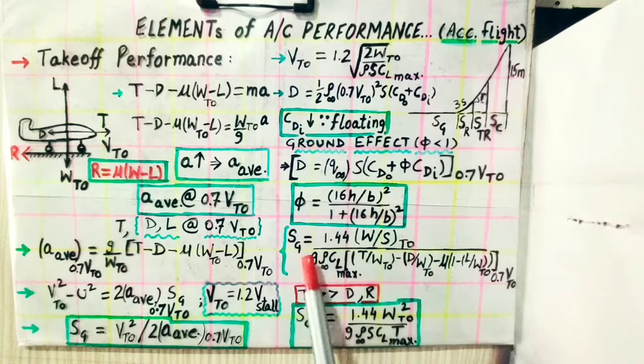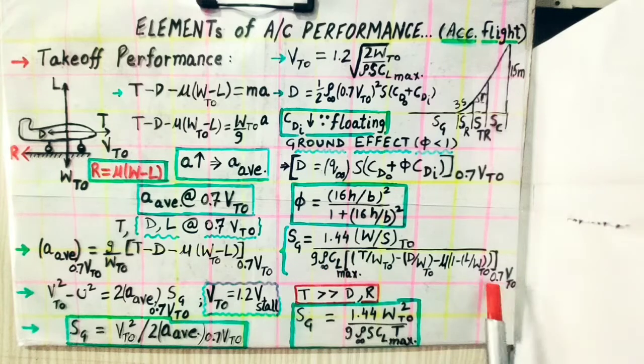So here, if you see, sg is equal to 1.44 times W by S at takeoff weight, for W takeoff weight, divided by g times rho infinity CL max. This whole is multiplied with the denominator at 0.7 times v takeoff, which is T by W takeoff minus D by W takeoff minus mu times (1 minus L by W takeoff). This is all at 0.7 times v takeoff.